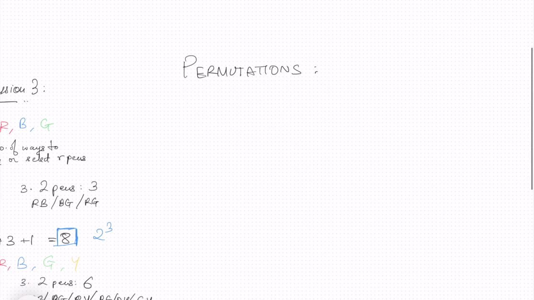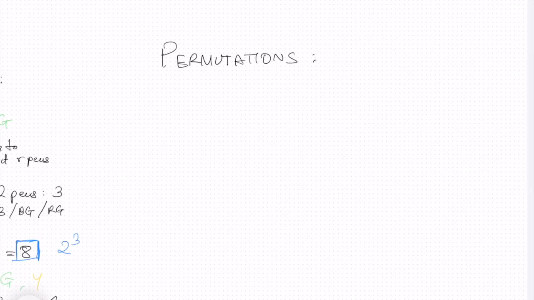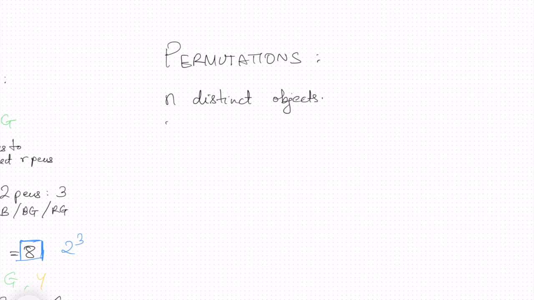If we look at permutations, in order to understand permutations, let's take n distinct objects, and we have to select r out of them.